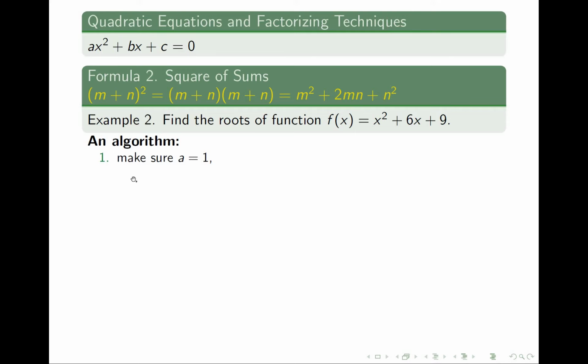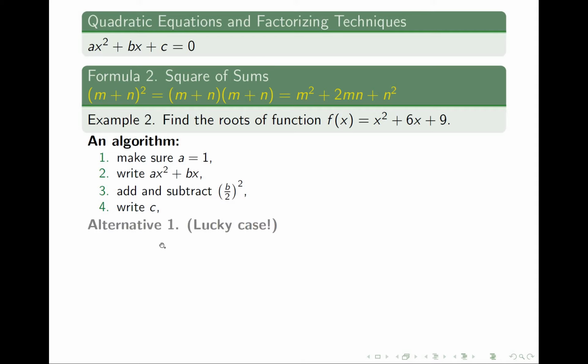After doing that, in step 2, we write whatever we have here, I mean the first expression and the second one, so ax squared plus bx. In step 3, we add and subtract (b divided by 2) squared. And then in the fourth step, we rewrite what we have for c.